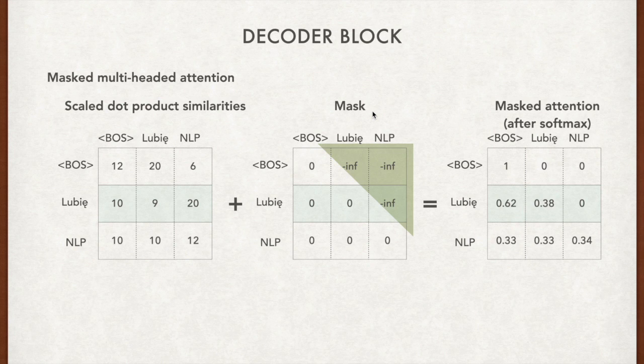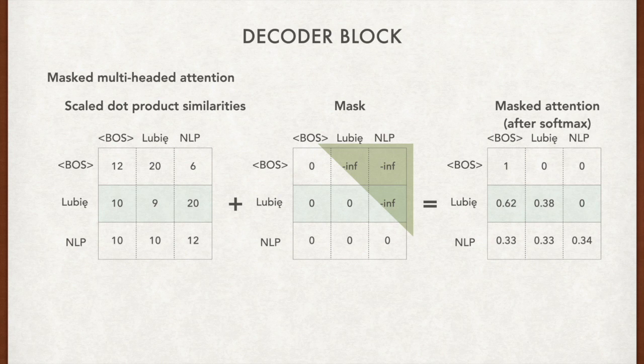The matrix is filled with minus infinity values over the diagonal, and the rest of the values are set to 0. If we add those two matrices together, the values on the future positions become so small that the softmax applied to it assigns them the value equal to 0.